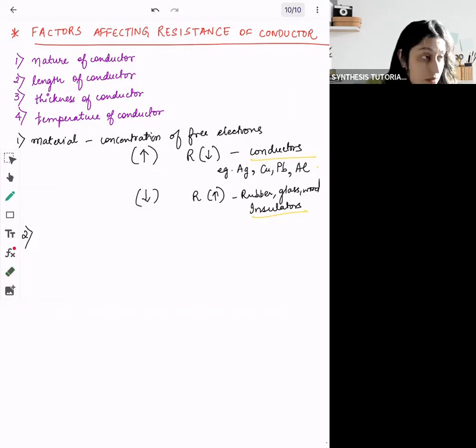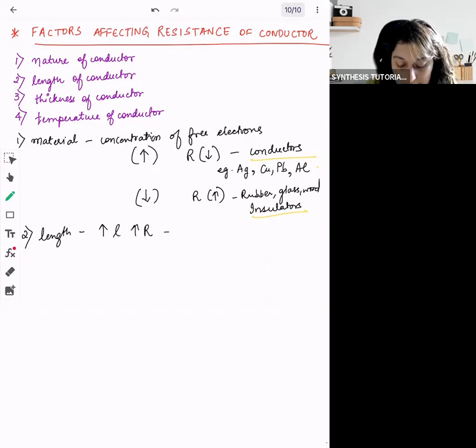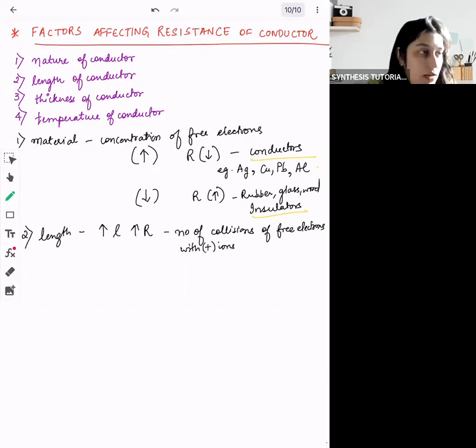Let's just write this down quickly. Length. So length में higher the length, more will be the resistance as the number of collisions will, if you want to mention it, please mention collisions of free electrons with positive ions will increase as compared to a shorter one.